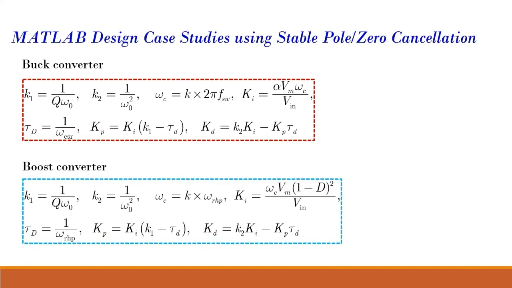So like that, using pole zero cancellation, these are the formulas. You can remove these formulas now.